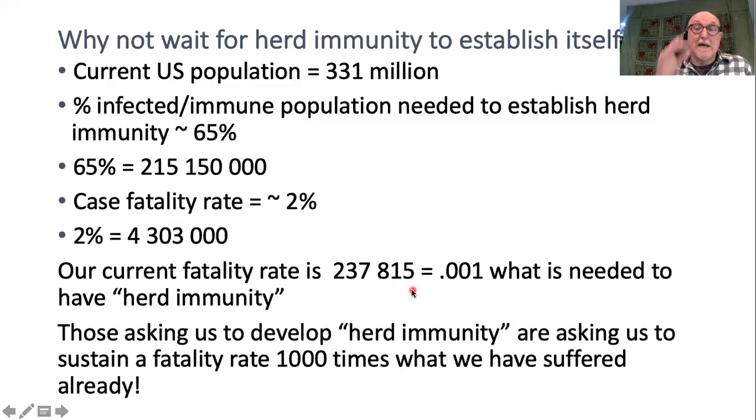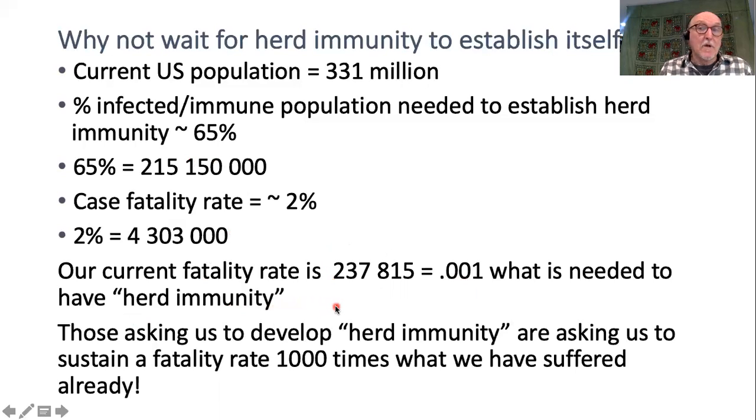Our current mortality rate is about 1,000 a day. So all of the people who've died so far represent 0.1% of what is needed to establish herd immunity.